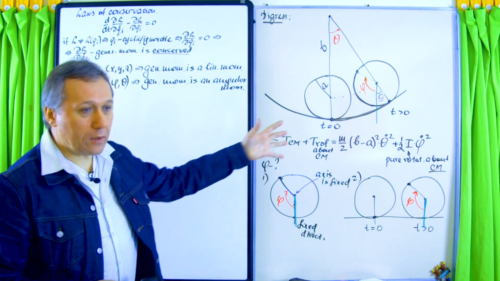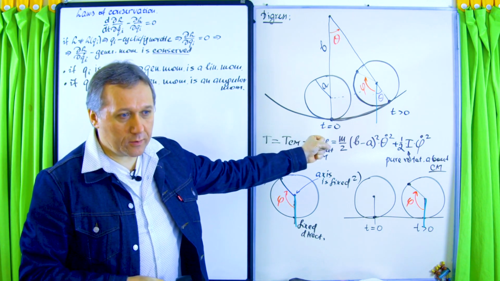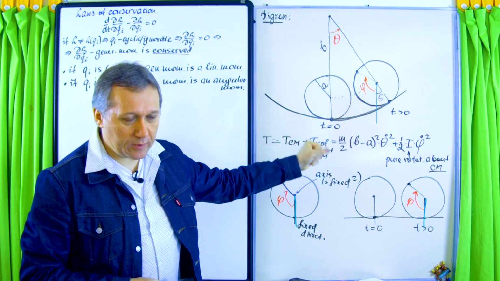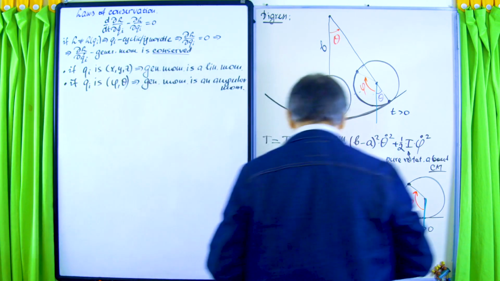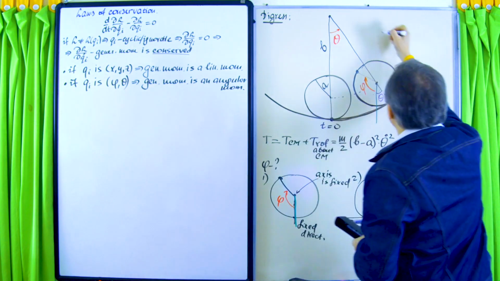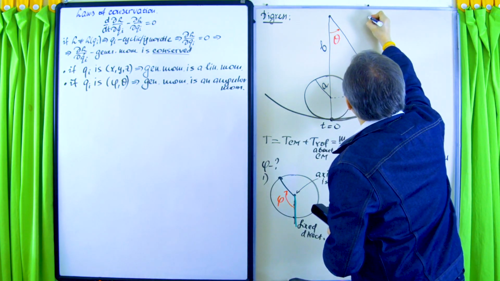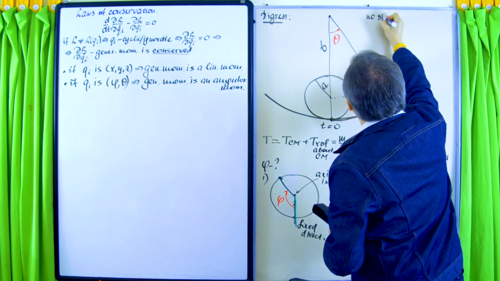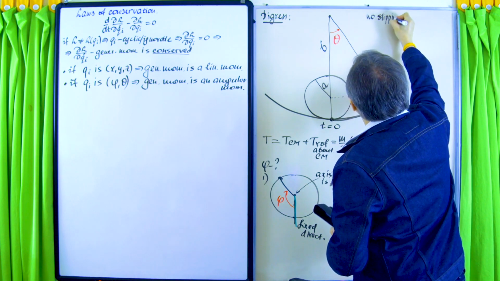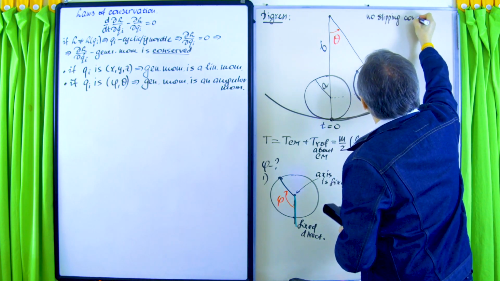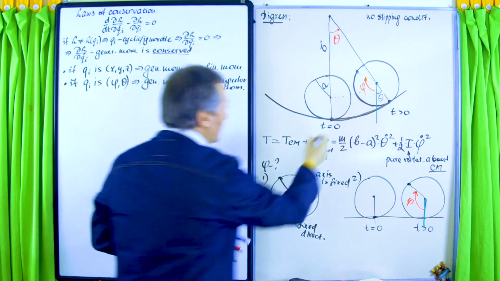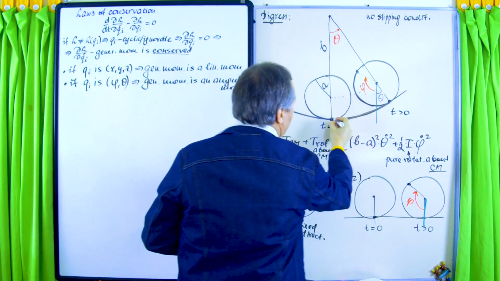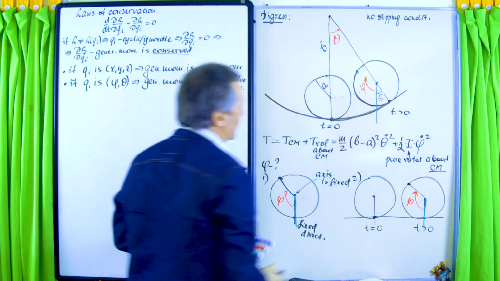Now the equation of constraint, the no slipping condition. We should be able to write that easily. I'm running out of space, so I will write on top. So, the no slipping condition. On the picture it's already shown: this arc length must be equal to that arc length.